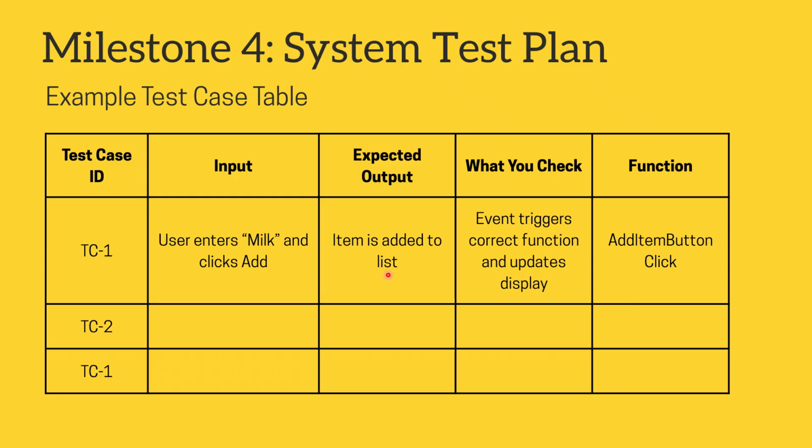As far as expected outcome, we're expecting that the item is going to be added to a list. And as far as what we're checking, the event triggers the correct function and updates the display. So this is how you would write a test case table so that you know what you're actually testing. Another example could be that we're testing maybe a calculation function.